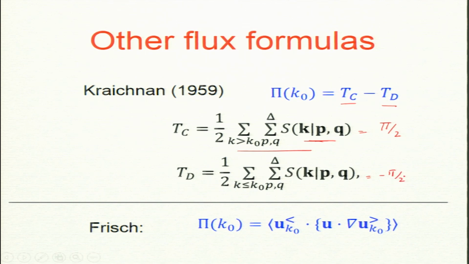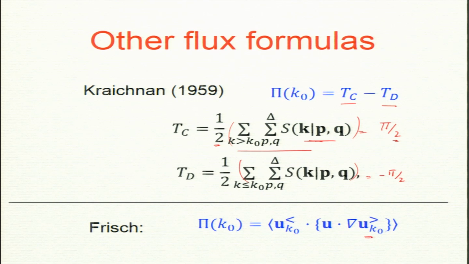This is there in the notes, you will find this, and I can prove it quite easily. In fact, the proof which I gave you some time back, just use that. This is factor half, this half is here. So, this is basically flux and this is negative flux. With mode to mode it is easy to show that Kraichnan's formula is correct, or consistent, let us say, and this is by Frisch.